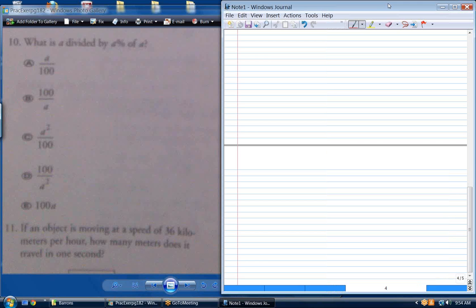okay, what is A divided by A% of A? So again, before we can decide whether we're going to do this algebraically or pick numbers and back solve, it's clearly a pick number and back solve type problem.